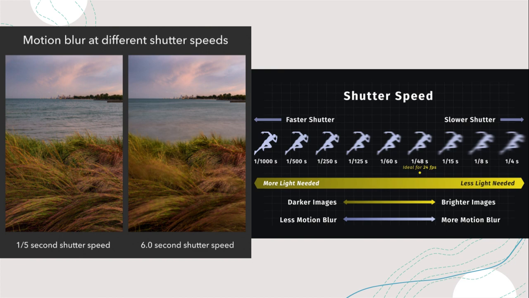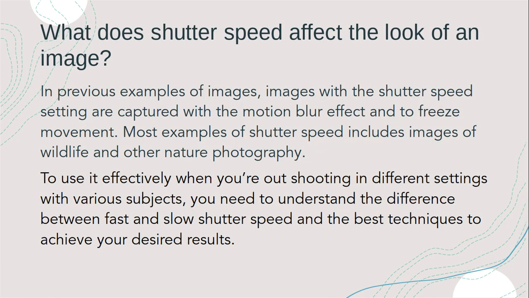It produces darker images with less motion blur, and the opposite is the slowest shutter speed: less light needed, producing brighter images with more motion blur. This one is easier to remember, so hopefully that will sink in.